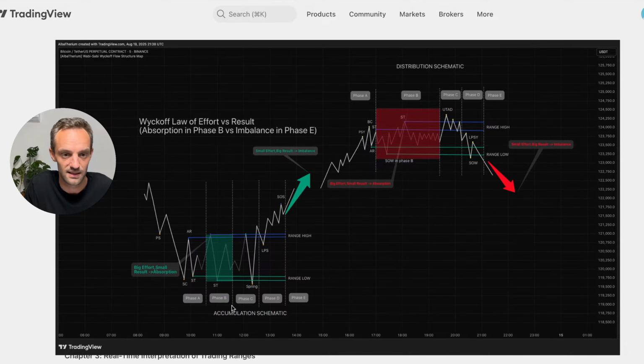This doesn't need to happen like this. It can go up and down, up and down. From my point of view, the more it goes up and down, the more the accumulation or the distribution is happening, and then the reaction, so the breakout, will be even stronger.